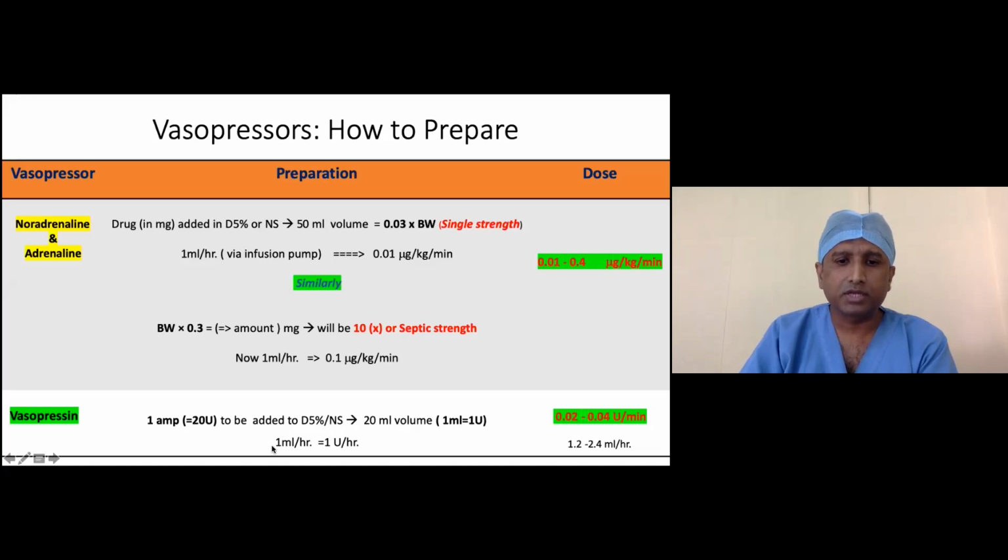If we run this at 1 ml per hour, this will give 1 unit per hour. The dose is 0.02 to 0.04 unit per minute. When we multiply it by 60, this will give it in hours. So 0.02 multiplied by 60 is equal to 1.2, and 0.04 multiplied by 60 comes out to be 2.4 ml per hour.